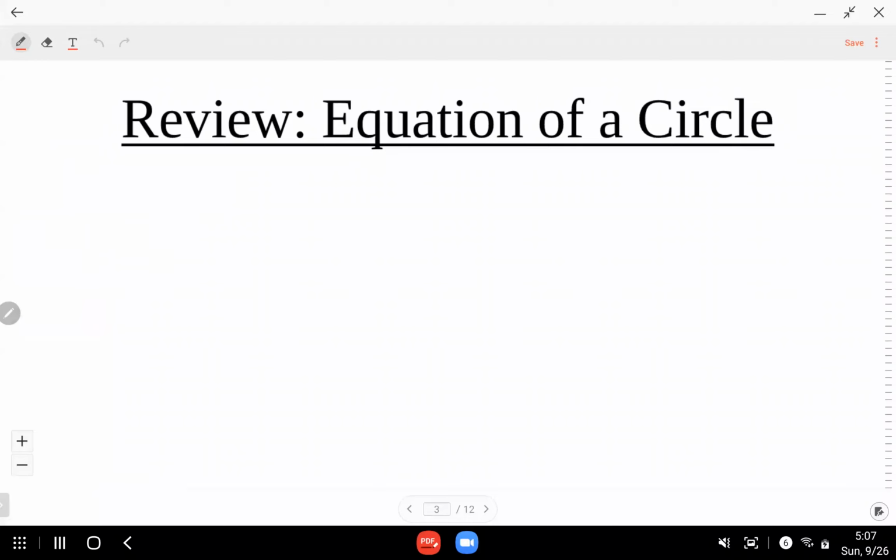For the equation of a circle, we need the length of the radius and the coordinates of the center, right? So we have a coordinate plane, and we have our center, H, K, and then we're going to have a circle.